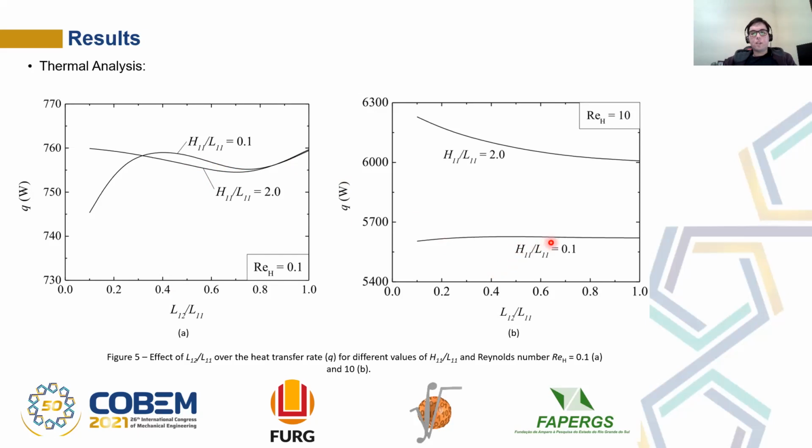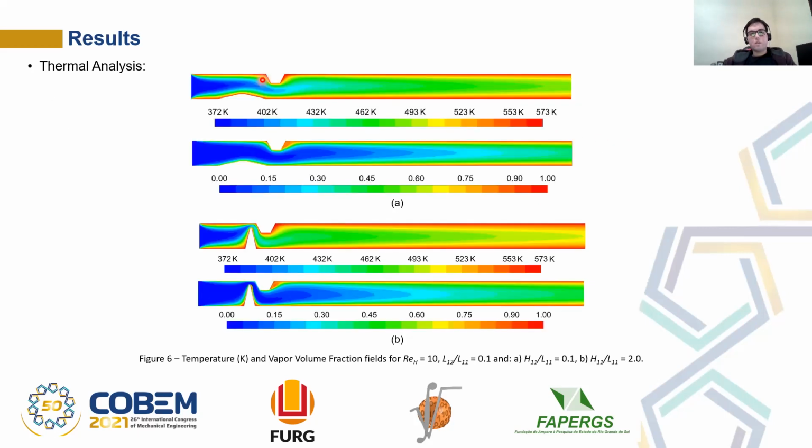We can see a bigger difference on the geometry between these two ratios for Reynolds 10. Here we have the temperature and the vapor volume fraction fields. Here is the best thermal geometry and here is the worst thermal geometry. For the best geometry, you have a better heat transfer because of the higher height of the first block.